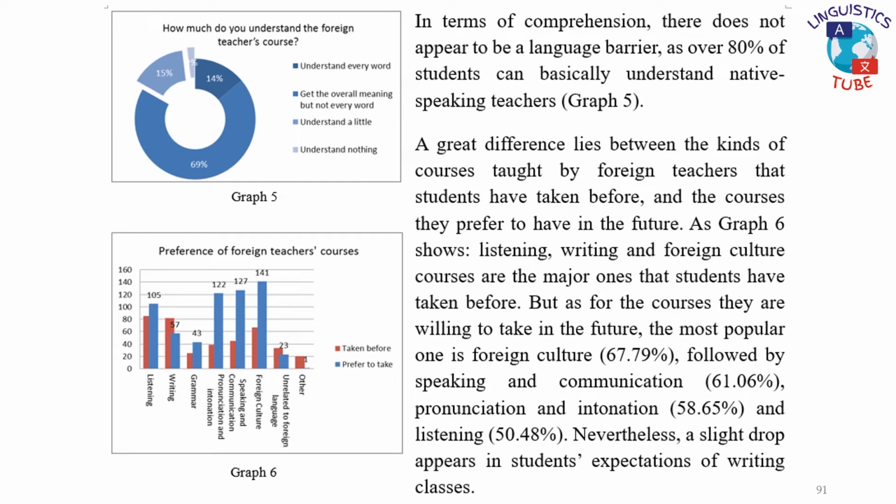But as for the courses they are willing to take in the future, the most popular one is foreign culture, 67.79%, followed by speaking and communication, 61.06%, pronunciation and intonation, 58.65%, and listening, 50.48%. Nevertheless, a slight drop appears in students' expectations of writing classes.